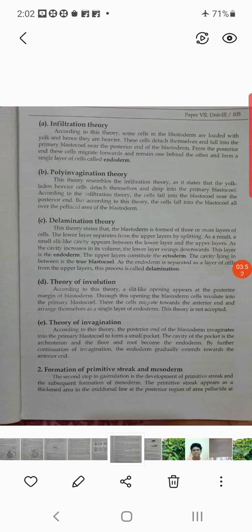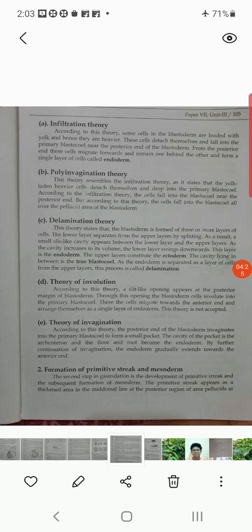Many theories have been put forward on how this endoderm is formed: infiltration theory, polyinvagination theory, delamination theory, theory of involution, and theory of invagination. Actually, what happened is the division of the cells continued, their numbers increased, and they got rearranged inside the blastocoel. They entered into the blastocoel.